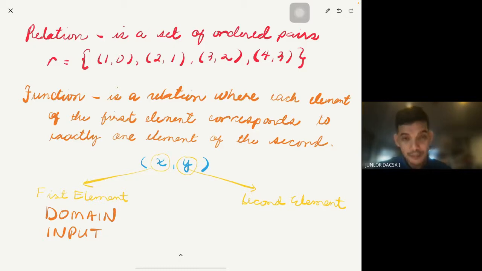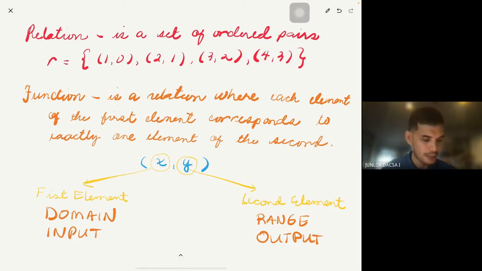The second element y, we call that the range or the output. So that is how the first element and the second element can be distinguished.